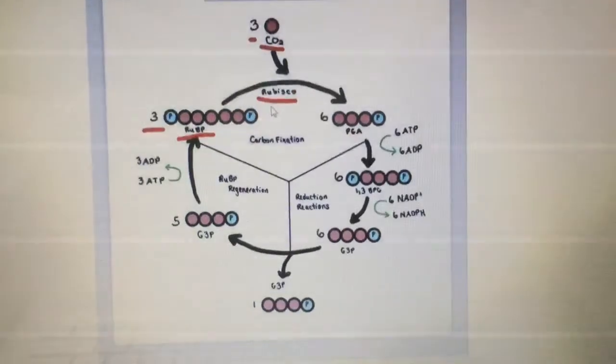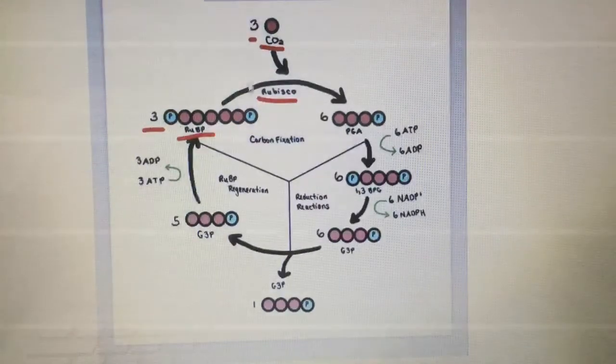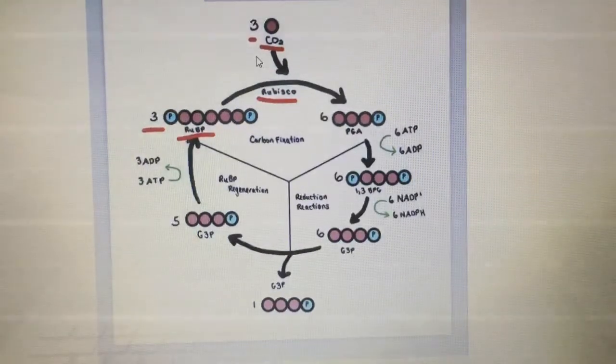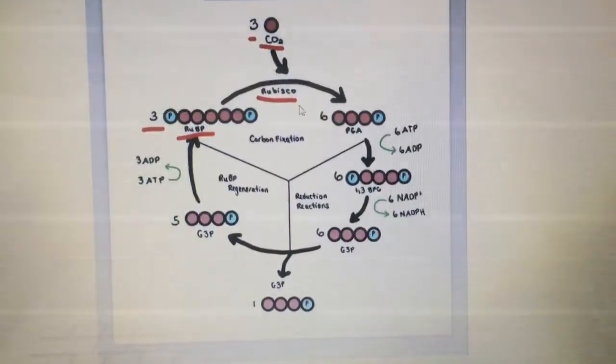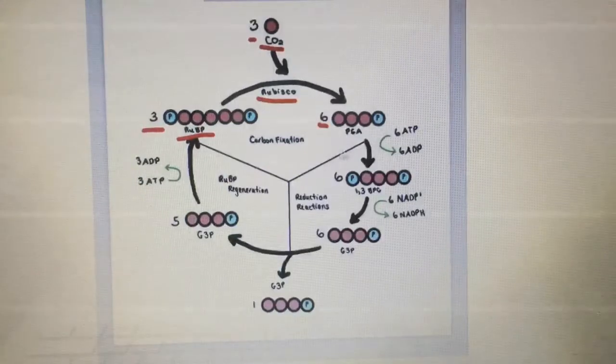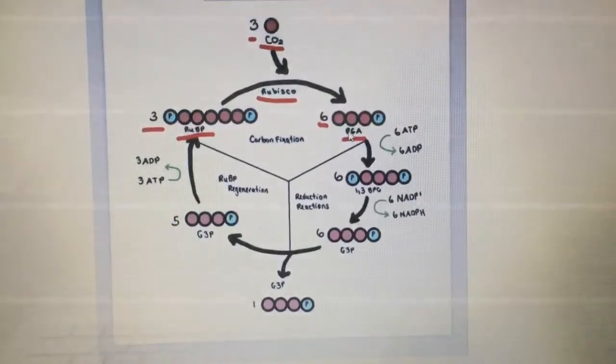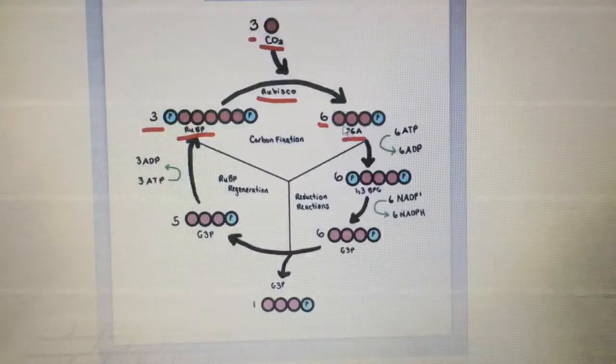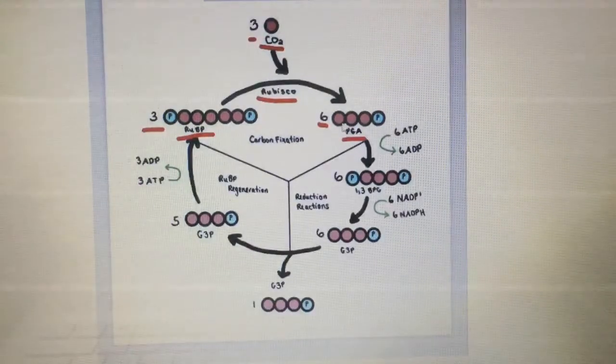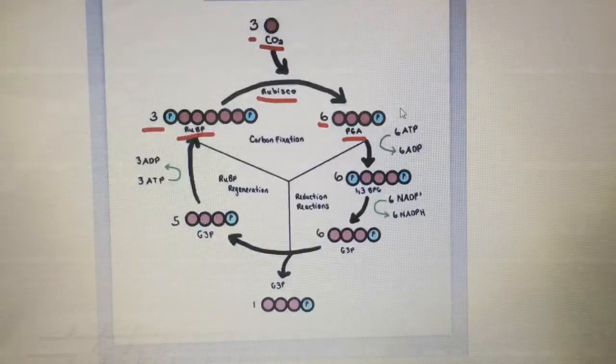This means for 3 molecules of RuBP and 3 molecules of carbon dioxide, we are expecting to get 6 molecules of 3-phosphoglycerate. For the number of carbons, 1 molecule of 3-phosphoglycerate has 3 carbons, so 6 molecules will have 18 carbons.